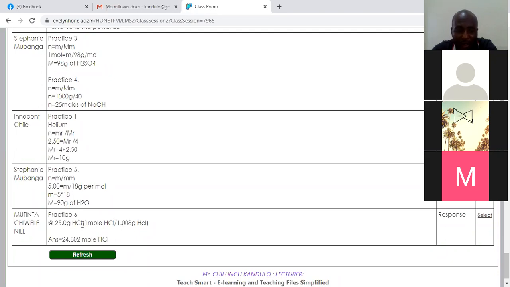So add those, guys. So that now when you're multiplying, the conversion factor is okay. You said 1 mole HCl, but what you have put on the molar mass is just the molar mass for hydrogen. You must also include the chlorine.